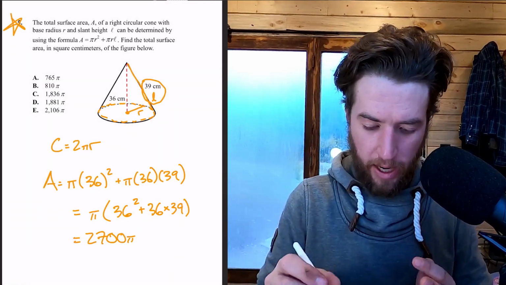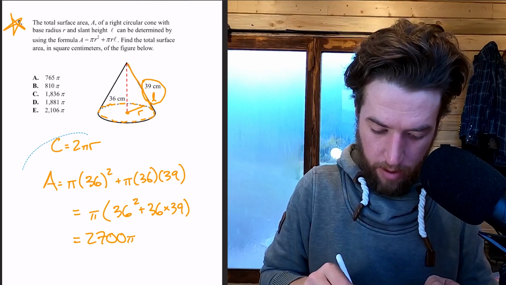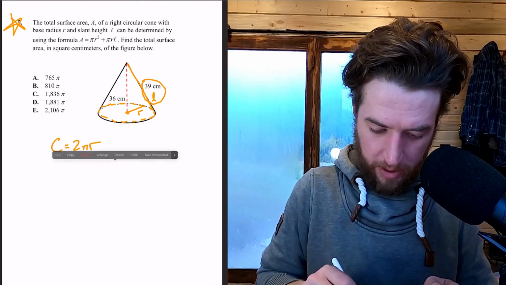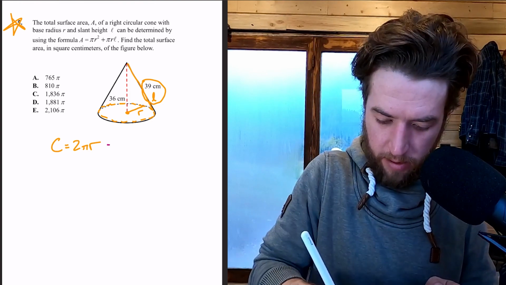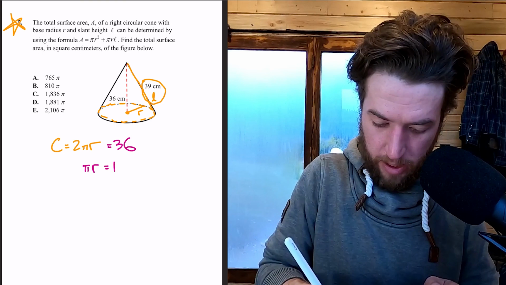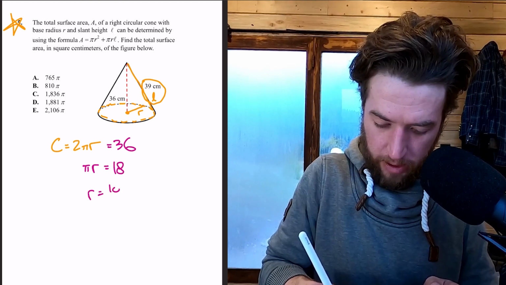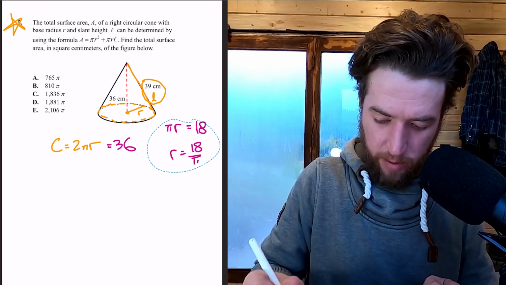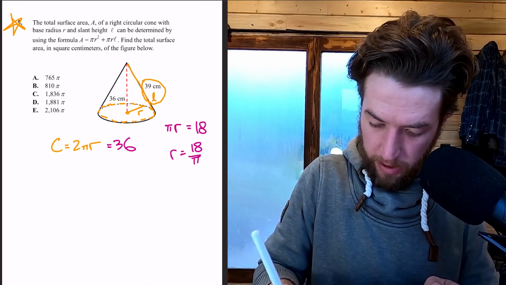Oh, okay. This was the one that I think we reinterpreted the 36 to mean the circumference. So if 36 is the circumference, then pi times r is 18. So then r is 18 over pi. Okay, let's accept that as fact. We're just going to go with it. R equals 18 over pi.